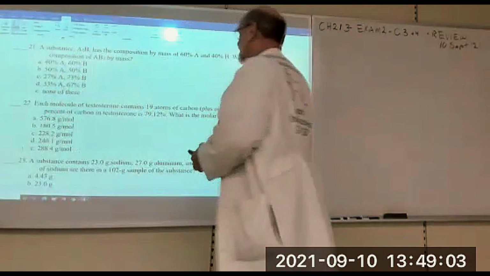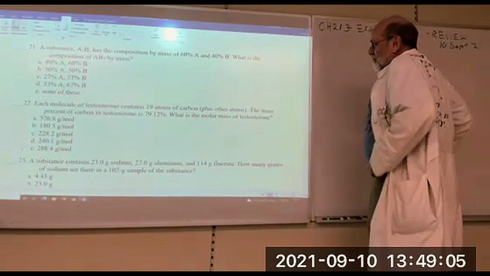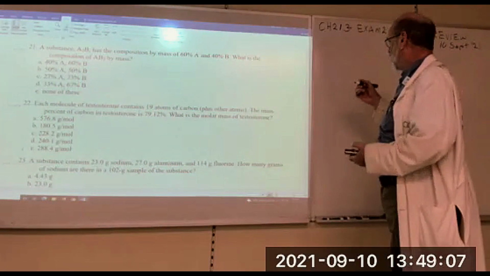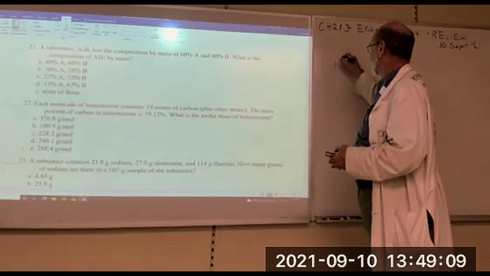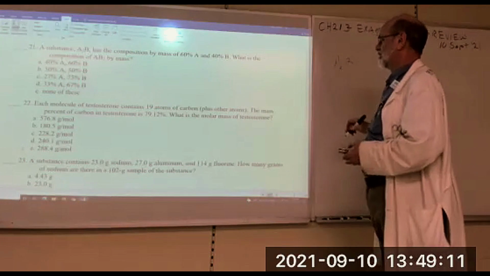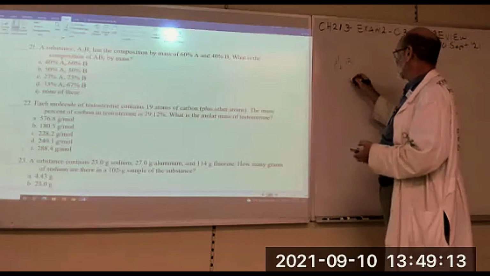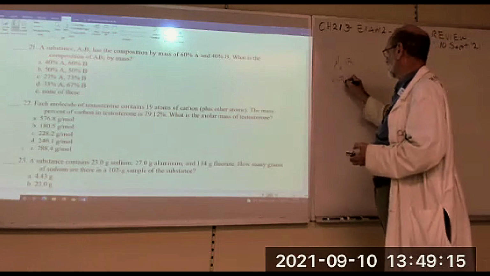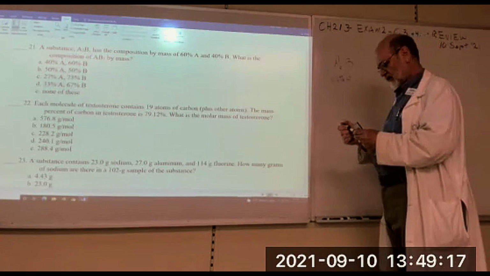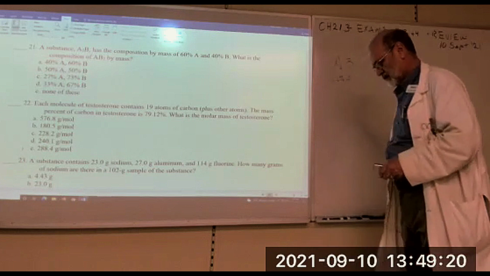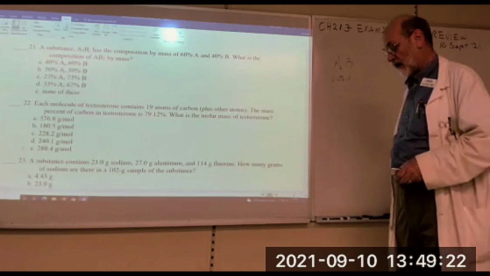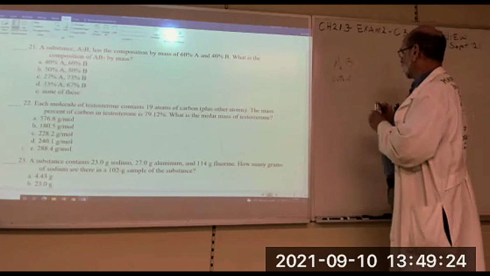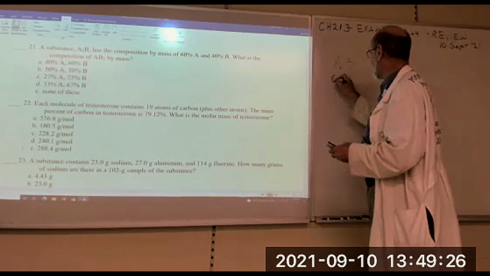Okay. So let's see if we can work this one out. This is our beginning point. A2B is 60% A and 40% B. I need to make a marker. Is there one in here? Yeah. 60% A. There we go.